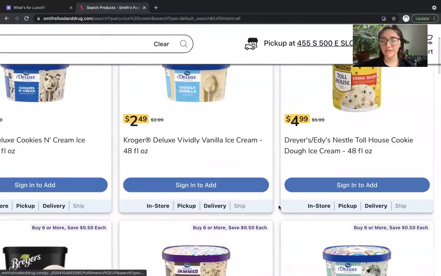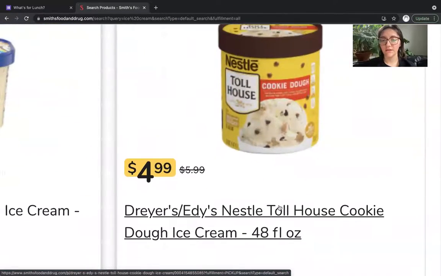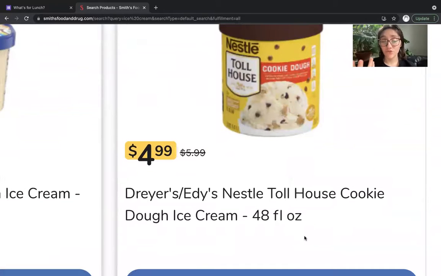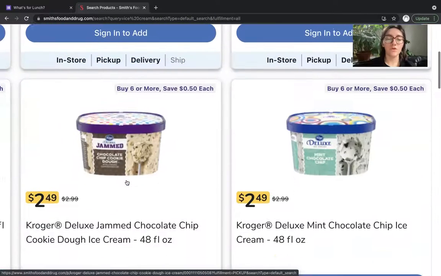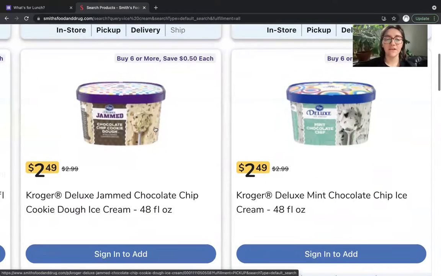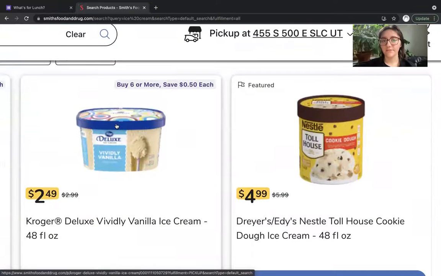Then let's look at this one. So this is the Toll House cookie dough ice cream, 48 fluid ounces, but this one's $4.99. It's more than double, more than 2 times more expensive than this, right? So when you're shopping, you can look at how much is in the product and compare prices to know which one should I buy. This one is much cheaper, right?